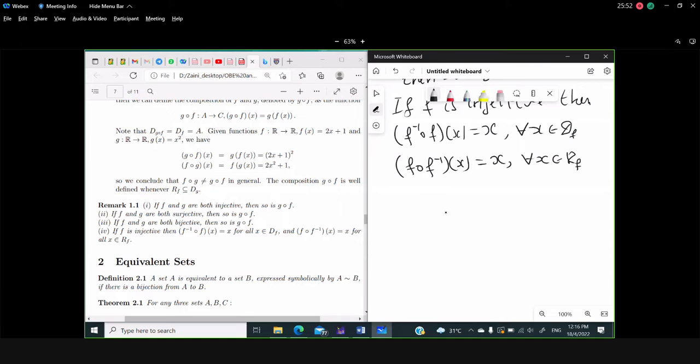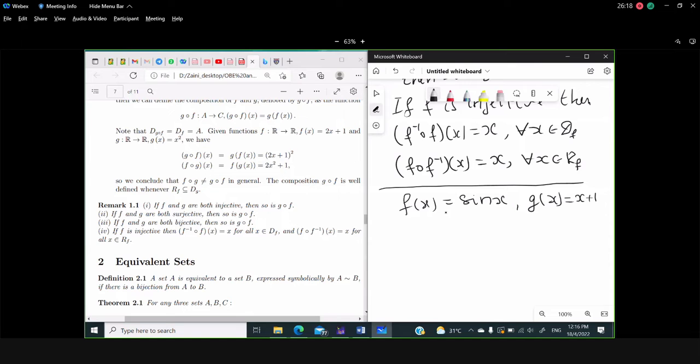So let's say I will take f of x as sine x. Sine x is the injective function, and g of x I can take as x plus 1.